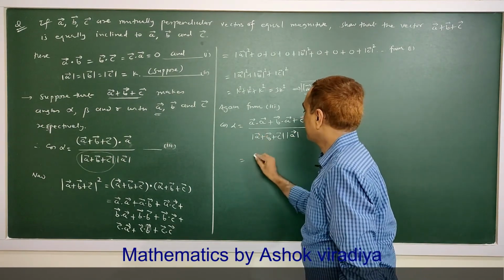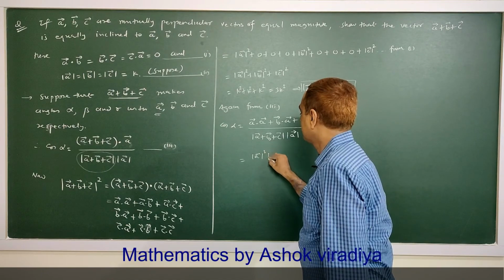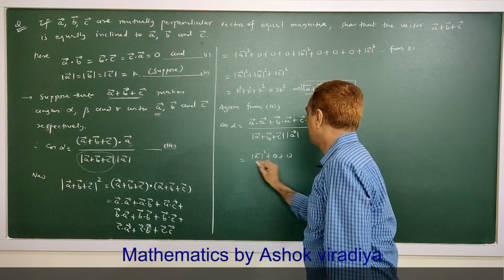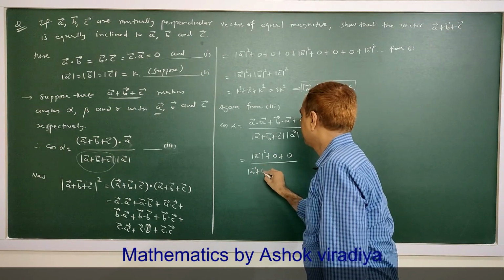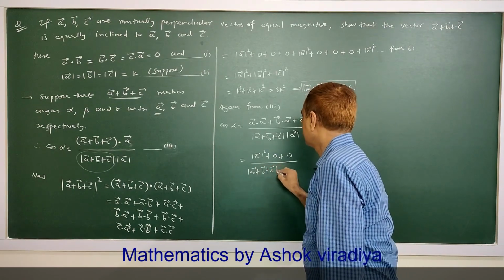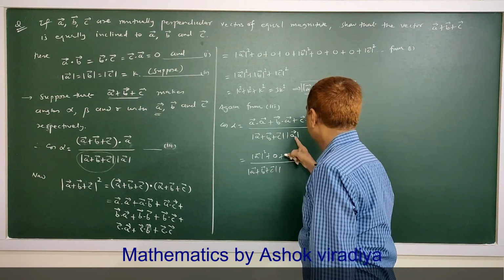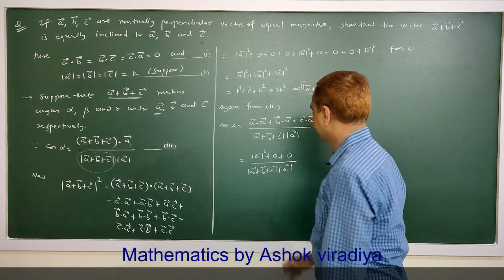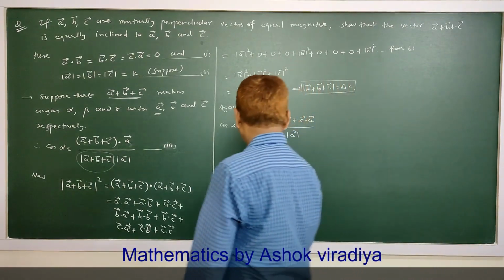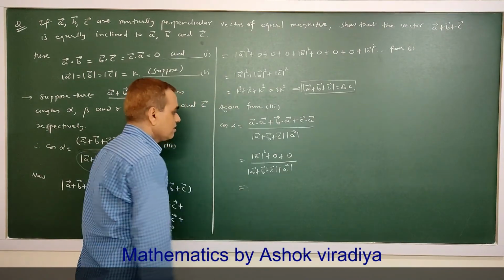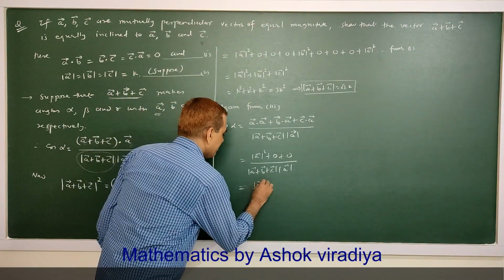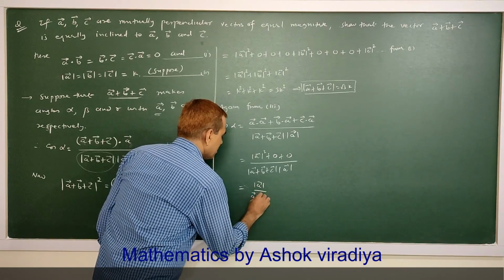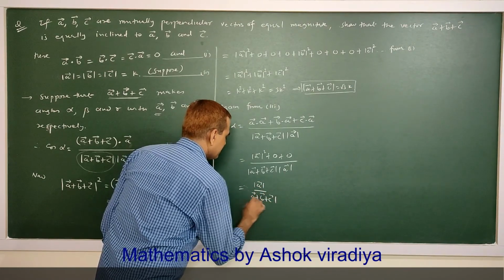Now A dot A is magnitude A square, and the other terms are 0, 0, upon magnitude A plus B plus C, upon magnitude A. Here one magnitude A will be cancelled, so magnitude A upon this is left.